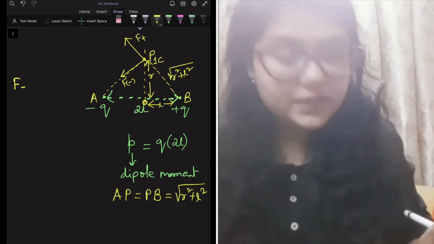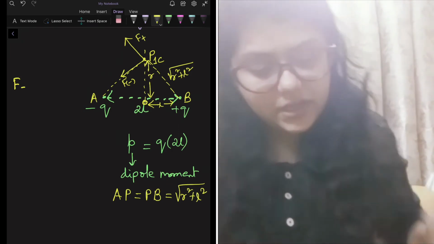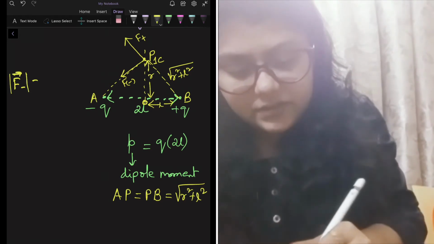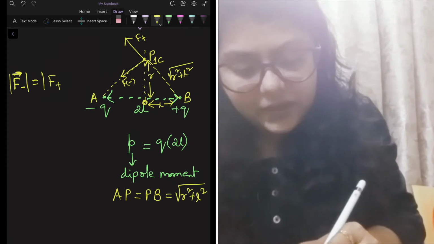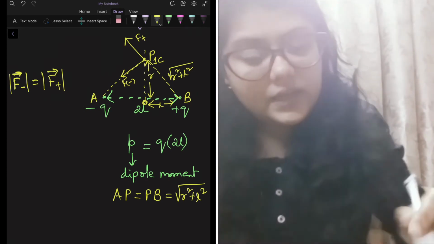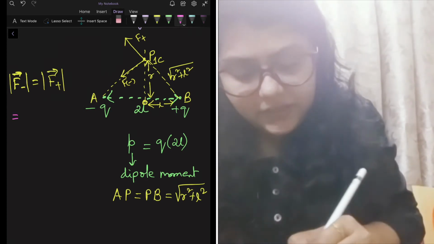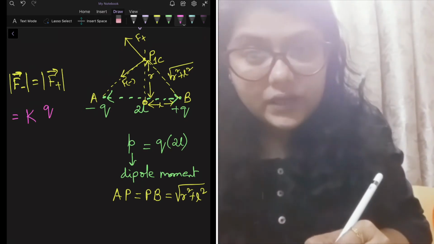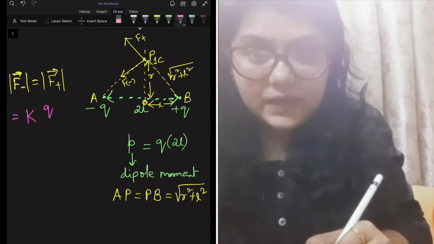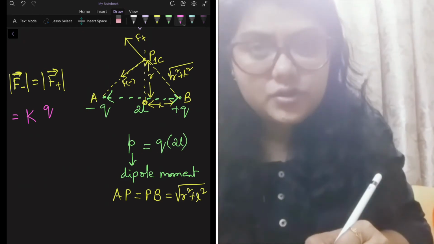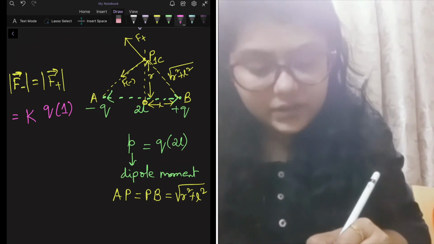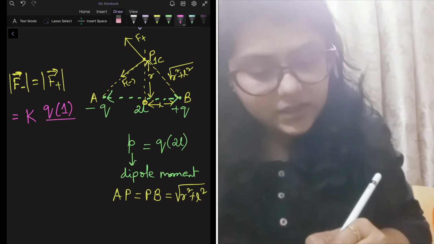I am keeping it ready because I will be using it. Now I can write here magnitude of F minus is equal to the magnitude of F plus. Let me write the expression. It will be K times Q1 times Q2 by R square. So my Q1 is my Q over here, and another charge is 1 coulomb, so I will just write 1, and the distance square I will write AP.